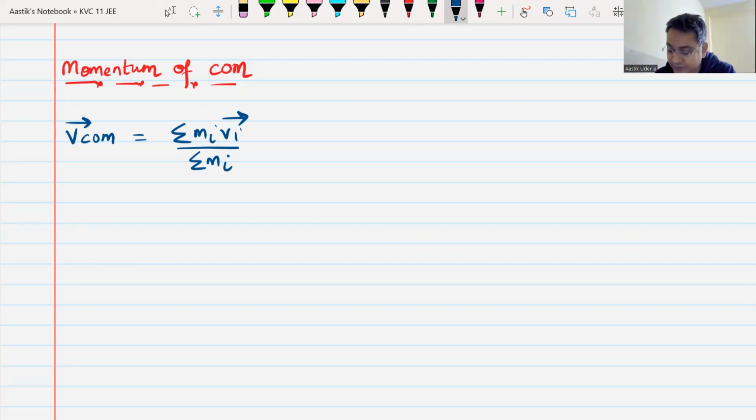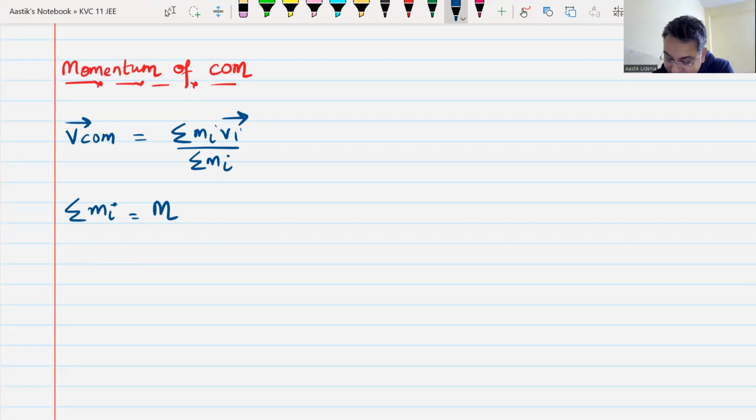Now, remember this summation of mi is nothing but the total mass of the system. Do we understand this? Summation of mi is nothing but the total mass of the system.